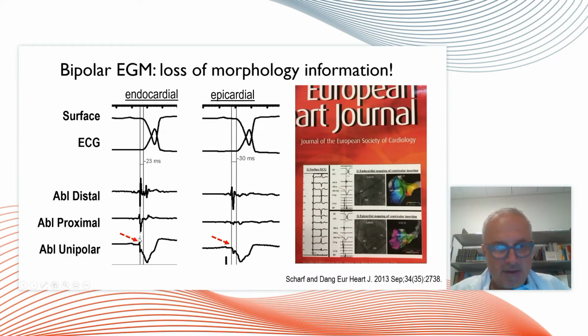In this case, for instance, the Kent spike was positive endocardially, and we had to go epicardial to get the negative Kent spike and to get a successful ablation in this WPW patient with multiple previous ablation attempts. So if you look at the unipolar electrogram, that can direct you whether you should go epicardial or not. The information of morphology is critical.